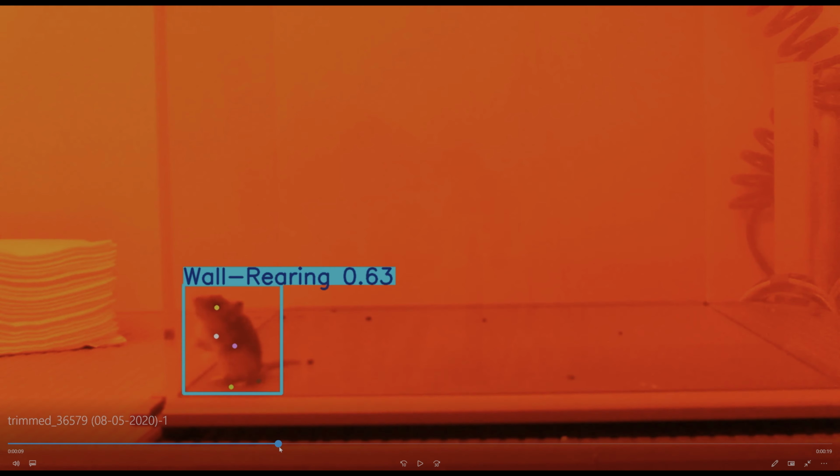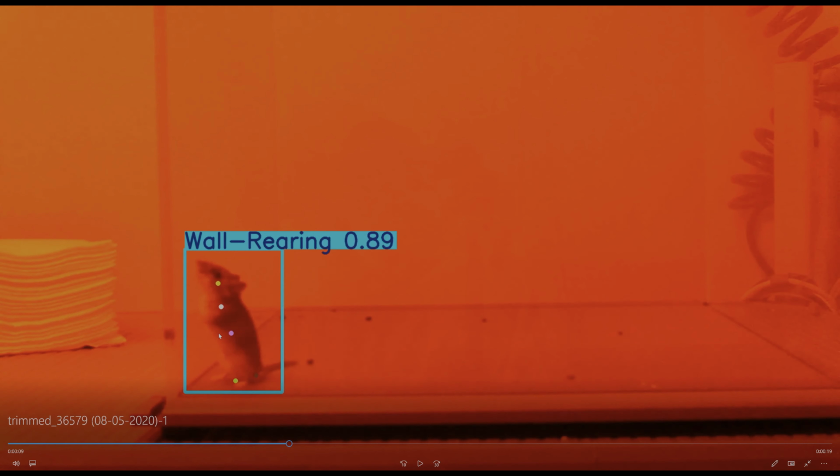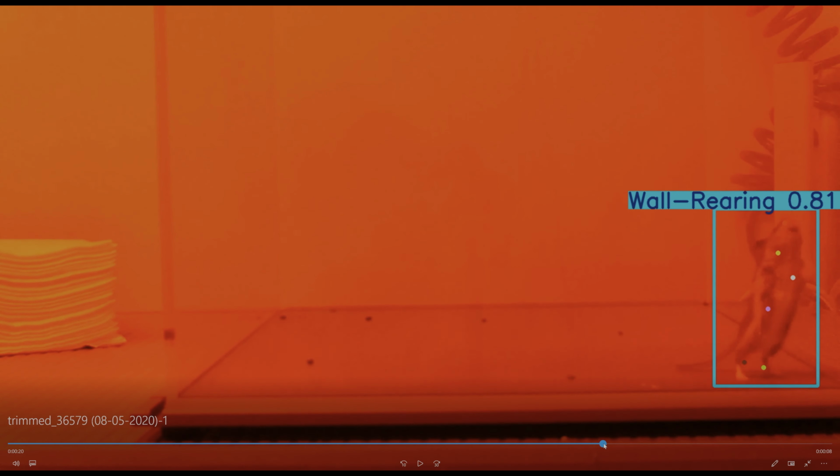And when the mouse is doing this kind of a wall rear, which is very, very easy to differentiate from all kinds of other behaviors, it's clearly labeling it with high confidence as a wall rear. So here it's missing that part.